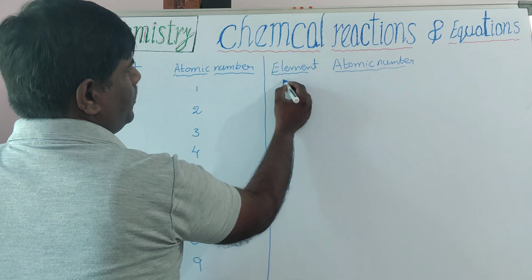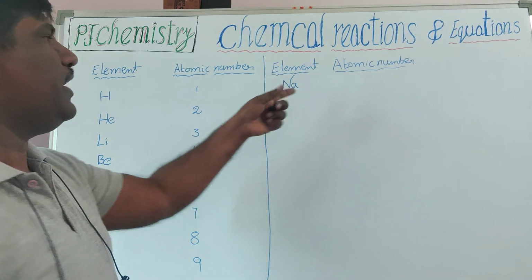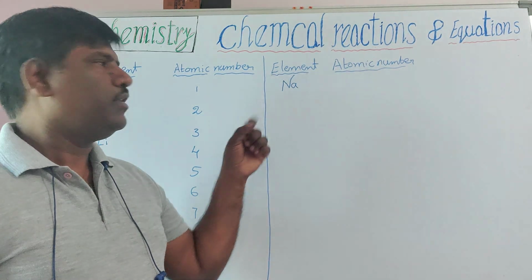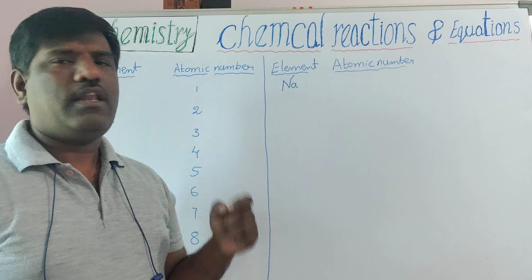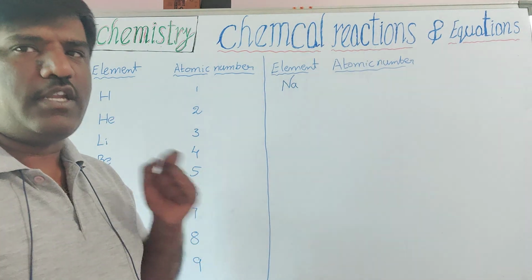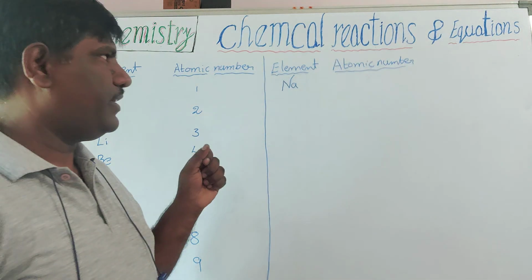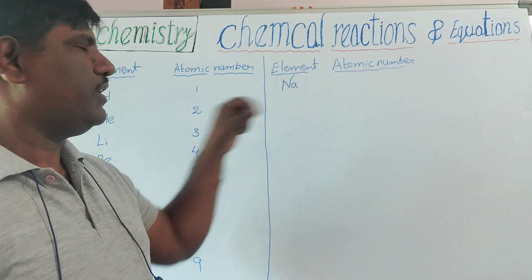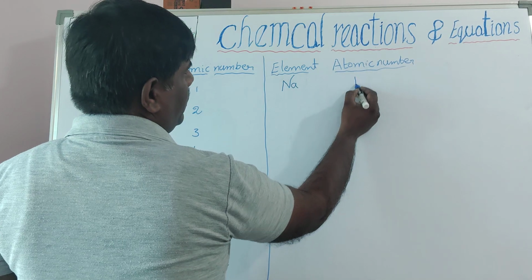The symbol of sodium is Na. It is taken from the Latin name natrium. Natrium, first two letters Na. That symbol they took here. So sodium atomic number 11.